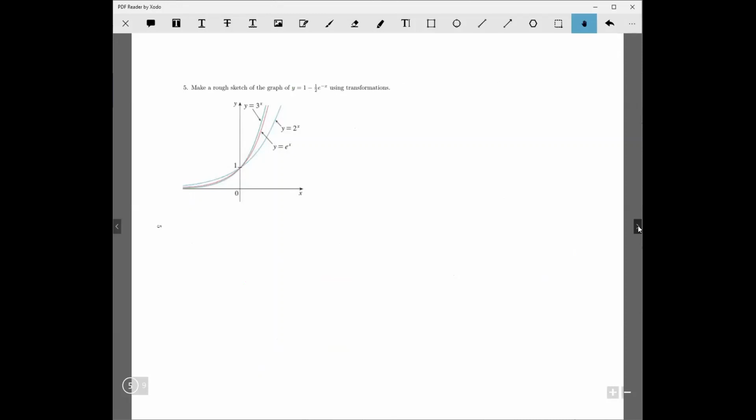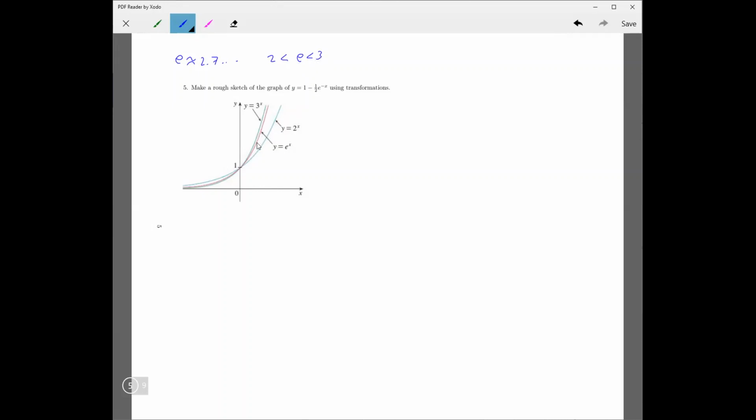Okay, so number 5. Here we're supposed to make a rough sketch of this right here using transformations. And they kind of start us off with this: because e is approximately 2.7 something, that means it's between 2 and 3, but closer to 3, right?